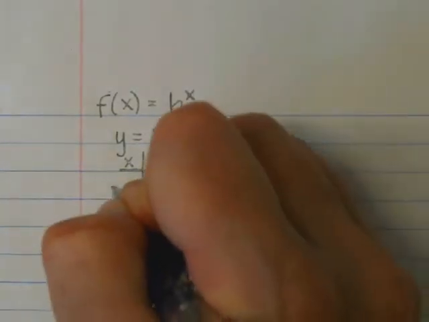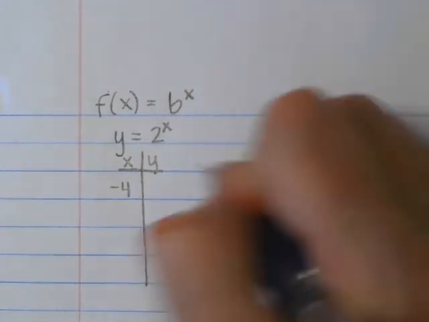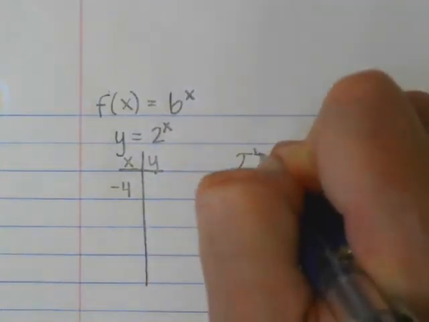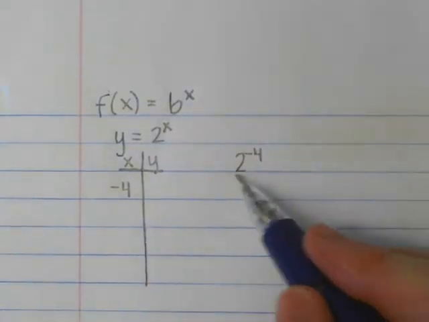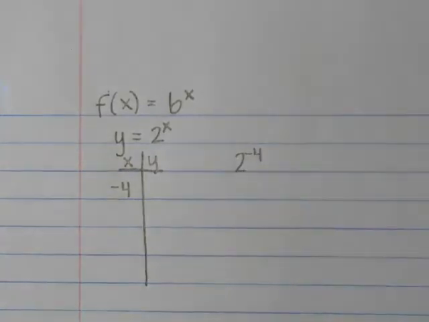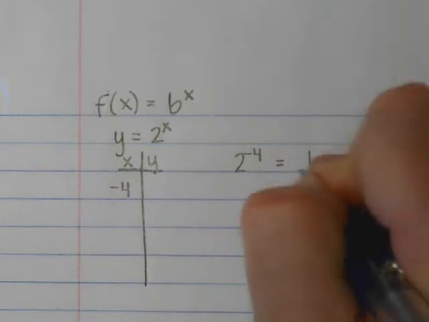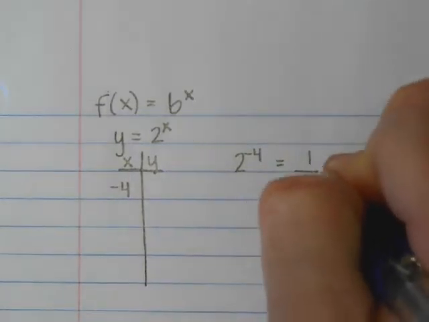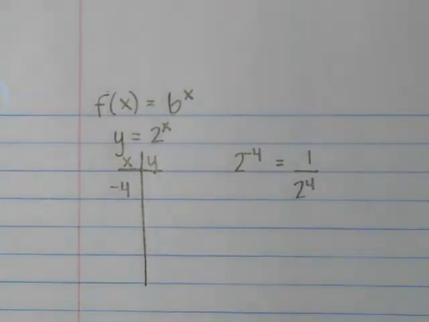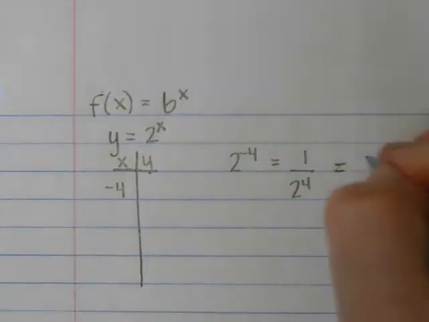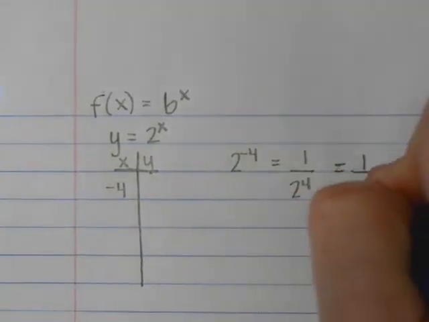Okay, so let's say x is -4. Well, 2 to the -4. So in case you forgot, when you have a negative exponent, that just means your exponent's in the wrong spot. That is the same thing as 1 over 2 to the 4th. That makes the negative go away. Well, that is just 1/16.